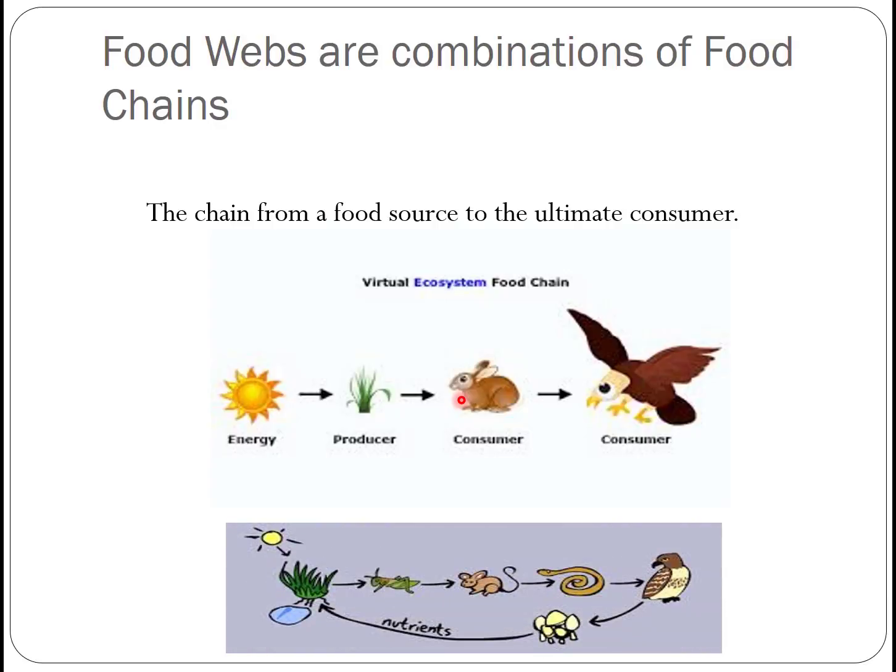Decomposers take the nutrients that were stored in the consumers and return them back to the plants after the consumers have died. Those nutrients then are used by the plant once again, along with sunlight, to make chemical energy, so the energy can be passed up the food chain.